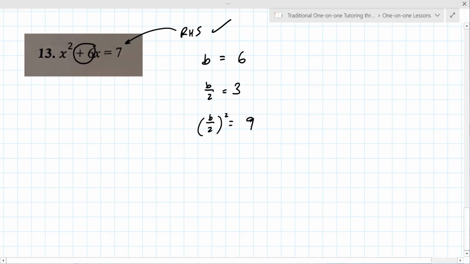9. Very good. Okay, so now where do these numbers go? Well, the 3 goes on the left. It's x plus 3 squared equals, see how this 3 goes right there? 7, and then you add this 9.